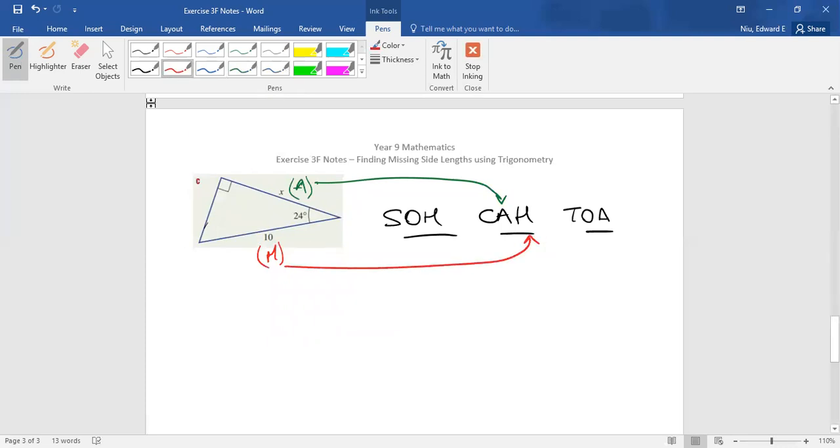hypotenuse. So what we do is we circle this cos ratio and we say, well, therefore cos theta is the adjacent side. Notice how adjacent comes before hypotenuse.